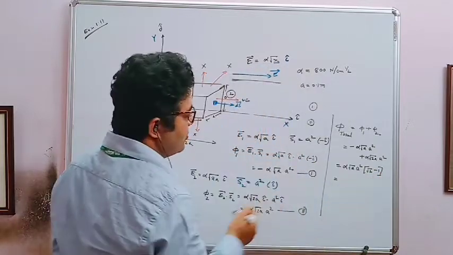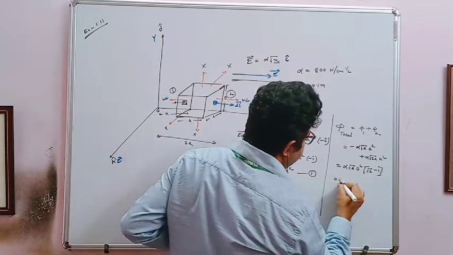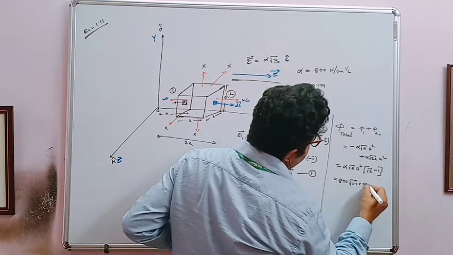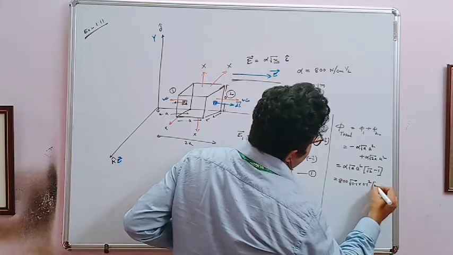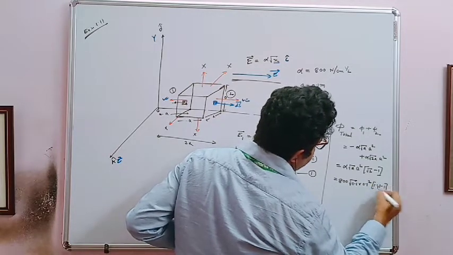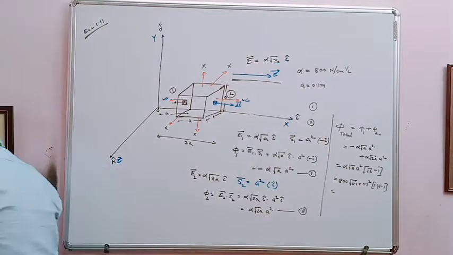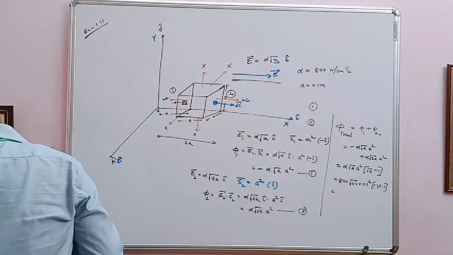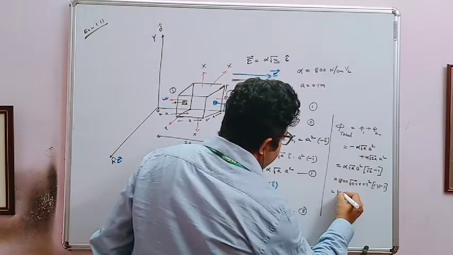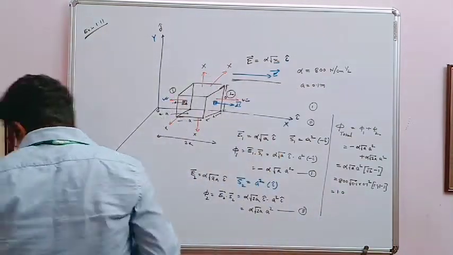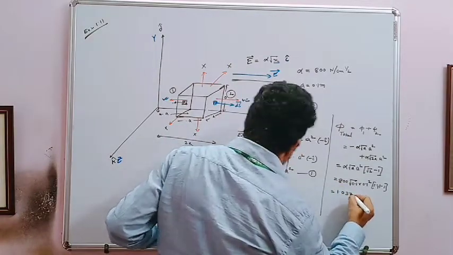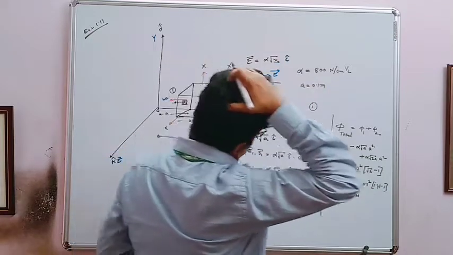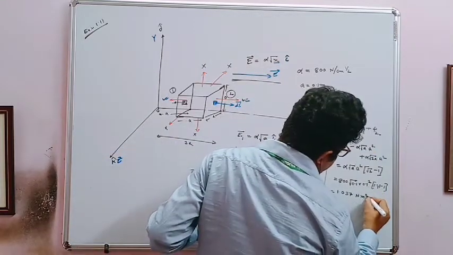Now we can put the values: alpha is 800, a is 0.1, into 0.1 squared, root 2 is 1.41, minus 1. After solving this, we get the value approximately 1.037 Newton meter square per coulomb.